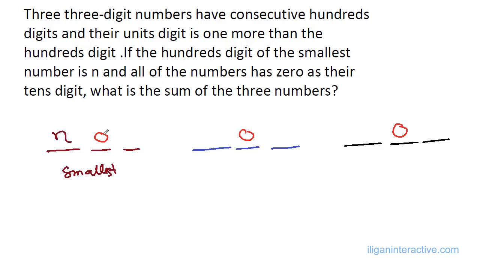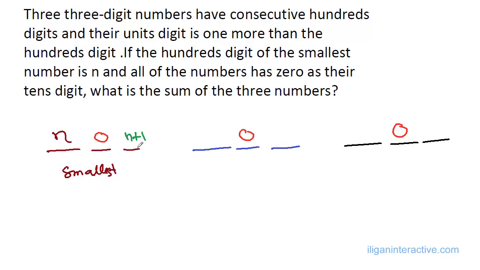So if this is n here, the hundreds digit, the units digit will be n plus 1, right? Because it's one more than that. These are of course three-digit numbers, but the relationship is that if this is n here, this will be n plus 1 here.